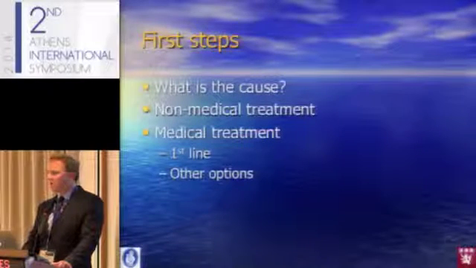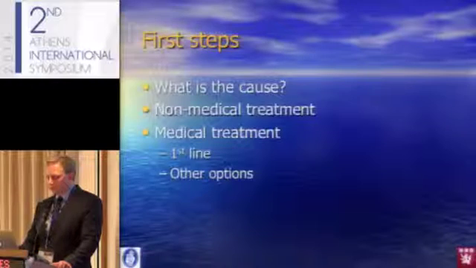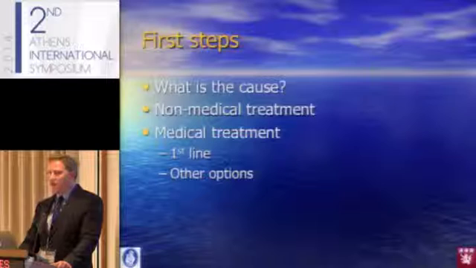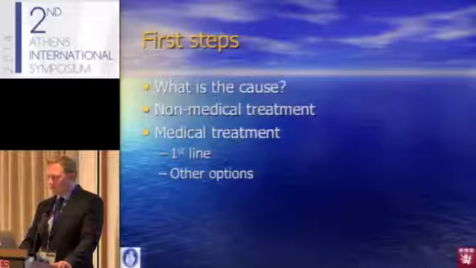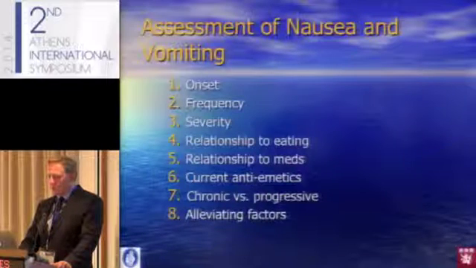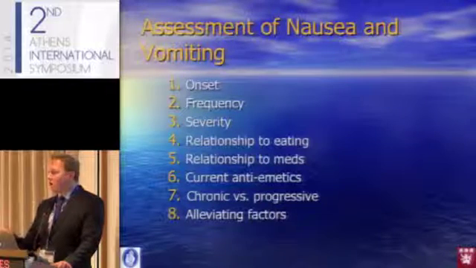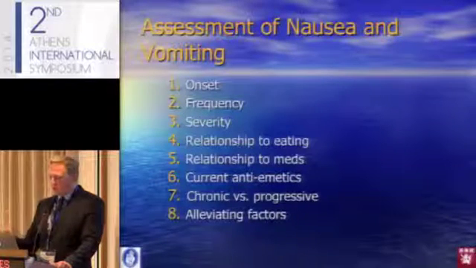So it's important to find out what is the cause of the nausea in the patient, and then to look at non-medical treatment options and then medical treatment options. And those can be either one drug or a combination of drugs, and there are some other options that I'll discuss as well. So you can look at the nausea and ask your patient, when did it start? How often do you vomit? How bad is it? How severe is your vomiting?